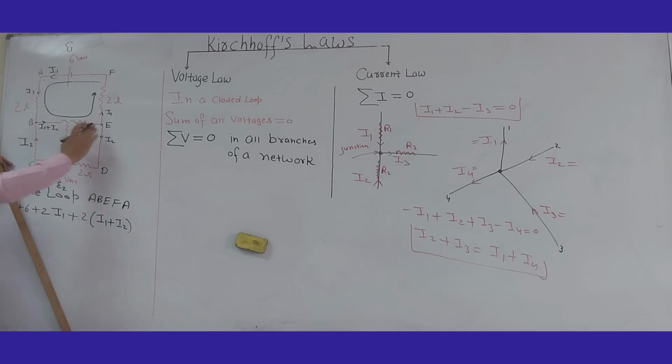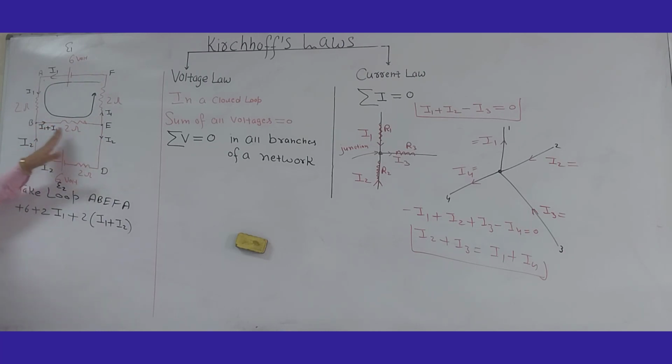So from these two junctions, we can say the current at the junction follows conservation of energy, right? So you see at this point, the total is I1 plus I2. So again at this point, the total is again I1 plus I2, and I1 will go this side, I2 will go this side, because in this resistor of 2 ohm from B to E, there is no consumption of energy, right?